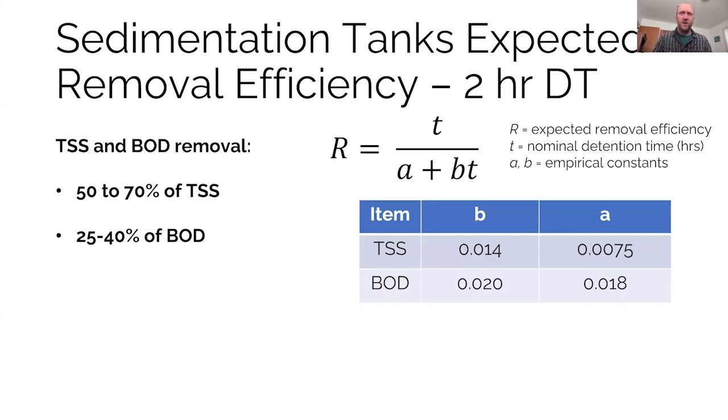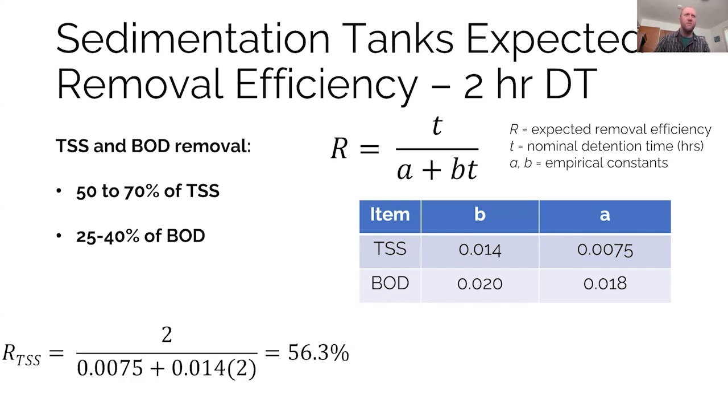These constants are in this table right here. I don't know how they figured these out, some smart engineer or somebody. But if we use the values that we calculated earlier, we can plug them into this equation and figure out our expected removal of total suspended solids and biochemical oxygen demand.